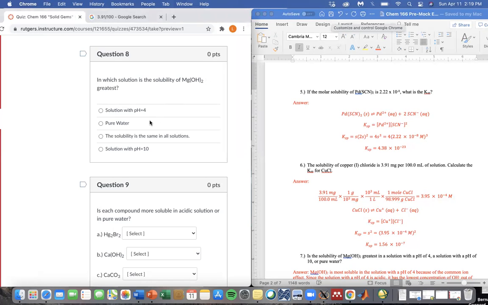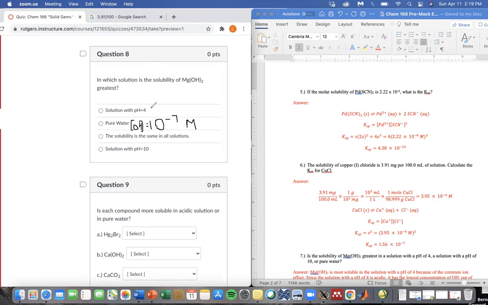And so if you remember, in pure water at a pH of 7, the OH concentration is 10 to the negative 7th molar.